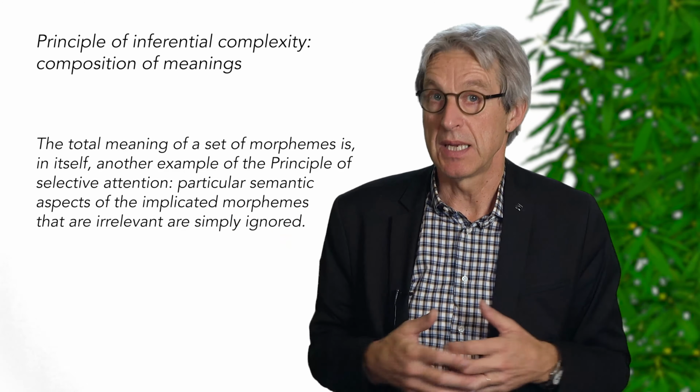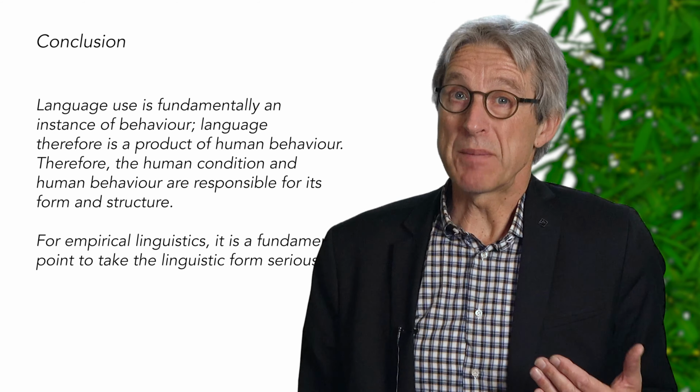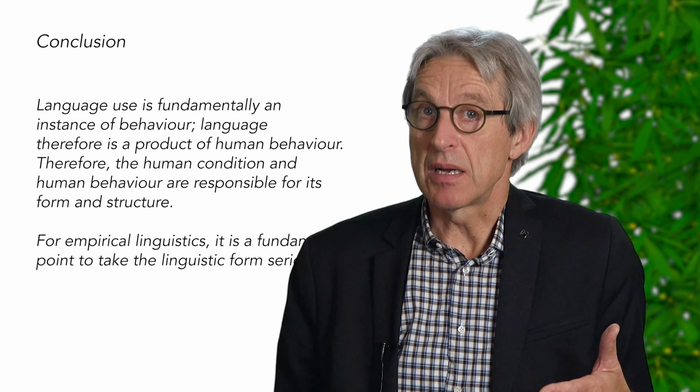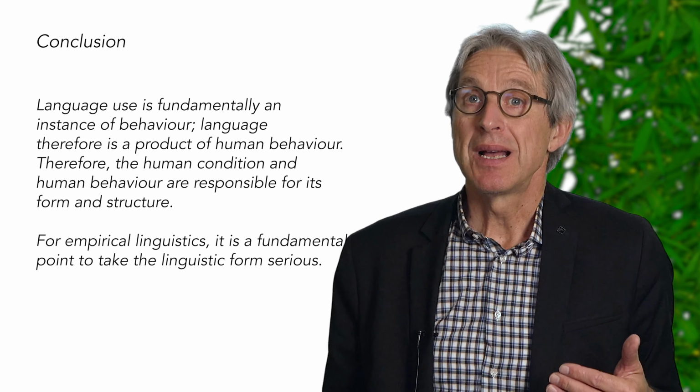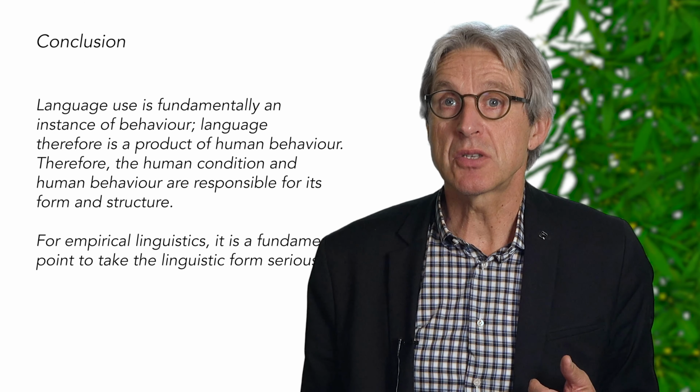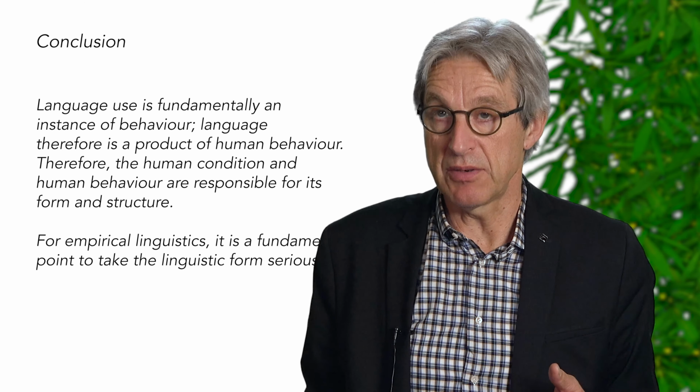To conclude, language use is fundamentally an instance of behavior. Language is therefore a product of human behavior. Therefore, the human condition and human behavior are responsible for its form and structure. For empirical linguistics, because we are empiricists, it is a fundamental point to take the linguistic form seriously.